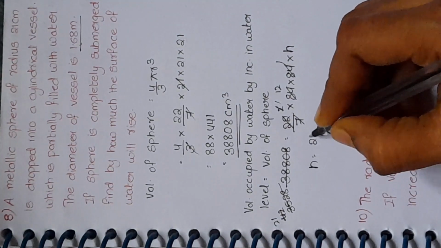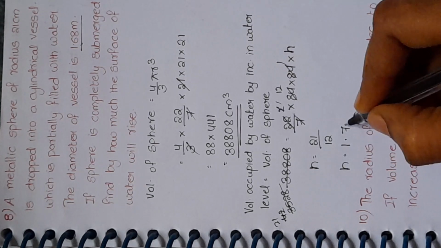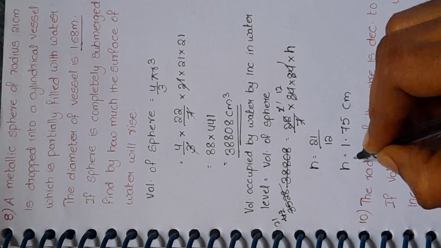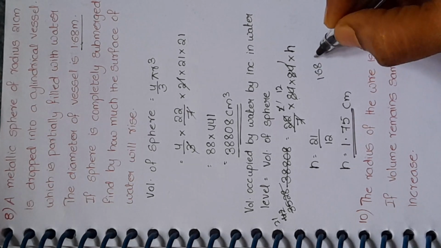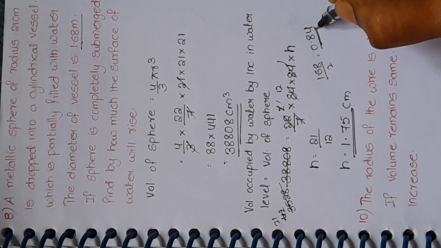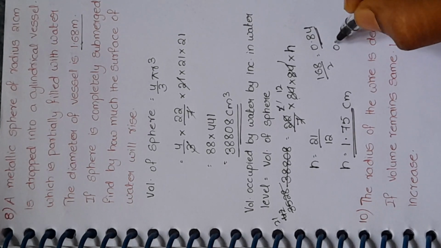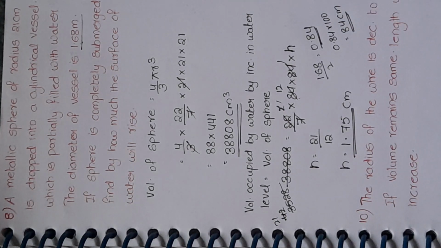So h is equal to 21 by 12. H is equal to 1.75. The unit is centimeters. Here 84 is 1.68 by 2 is 0.84. This is in meters. So convert this into centimeters. So 0.84 into 100 is equal to 84 centimeters is the radius.